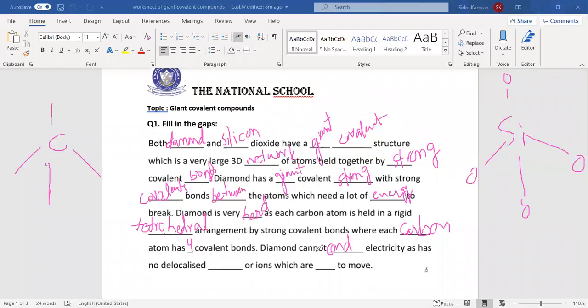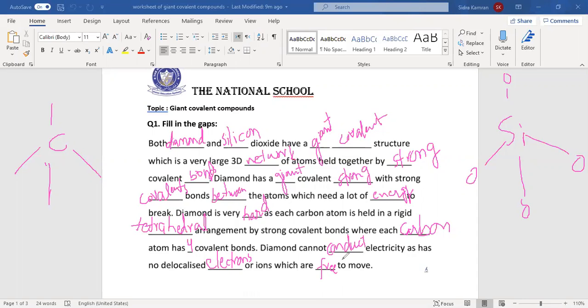So diamond cannot conduct electricity as it has no delocalized dash or ions. Electrons. Yes. Now you are getting how to fill in the gaps. Electrons or ions which are dash to move. Free to move. Which are free to move. Very good. So these are the answers.